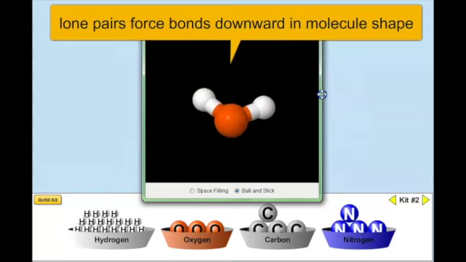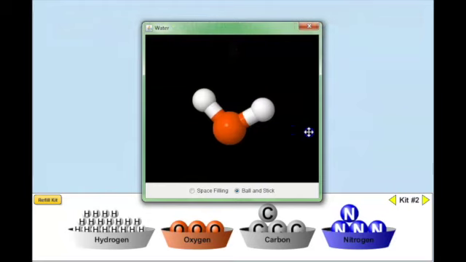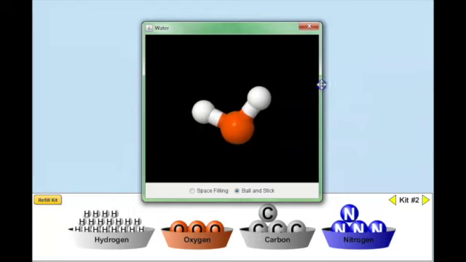These bonds would really rather space out and be linear, but they can't because lone pairs have an outsized effect, forcing the bonds closer together into that V shape instead of being a linear shape like we saw earlier, where the central atom with 2 bonds and no lone pairs is linear. But when you add lone pairs, either 1 or 2 lone pairs, it forces this V shape, which is called bent.